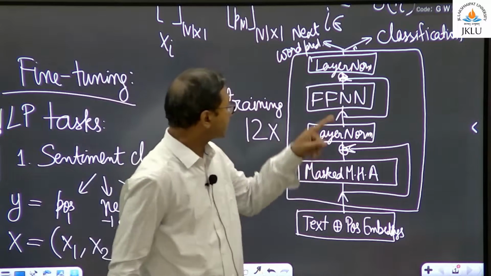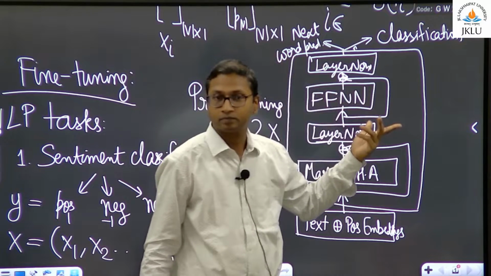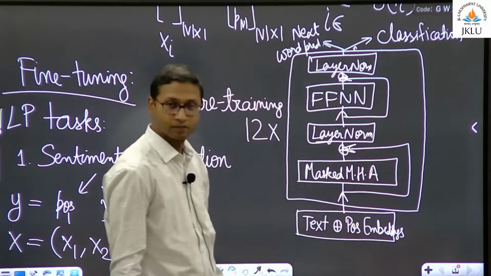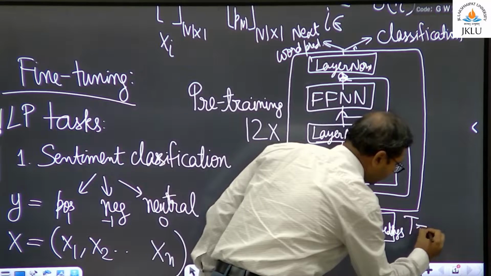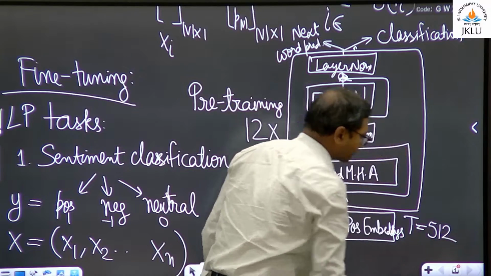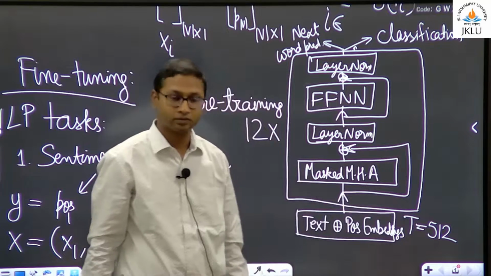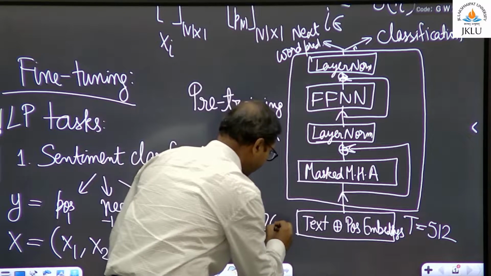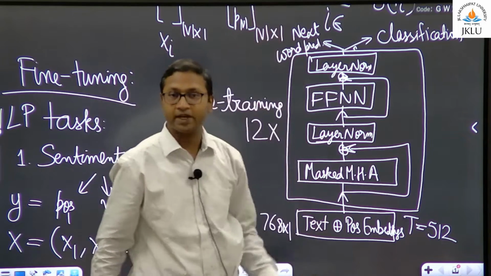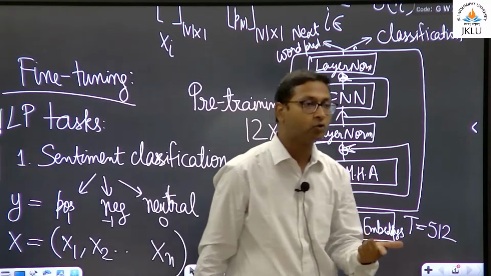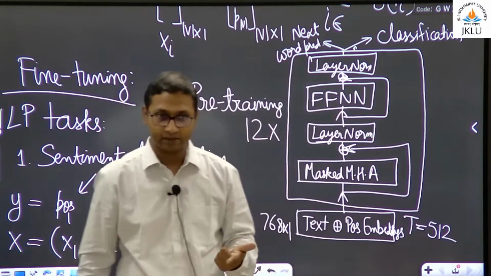How many inputs do you give? t equal to 512. 512 inputs of size 768 cross 1. So how many outputs will be there? 512 outputs, each of size 768.